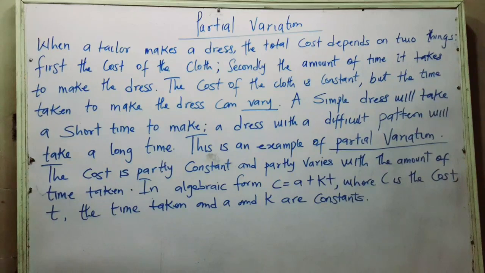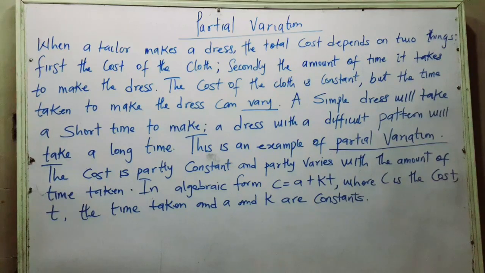When it takes a very short time to sew your cloth, there is a small amount to collect, but when it takes a long time, you surely collect another amount. That's why the cost is partly constant and partly varies with the amount of time taken.